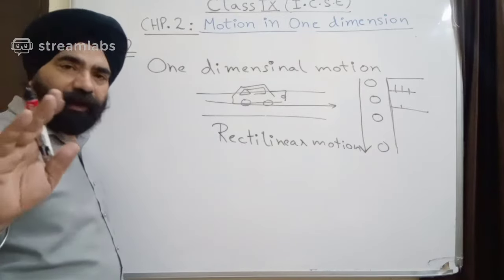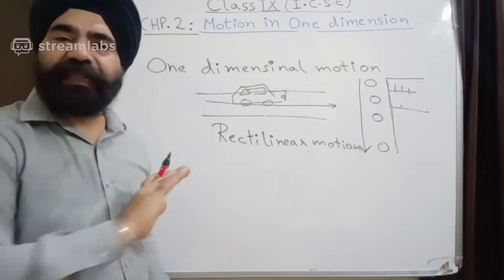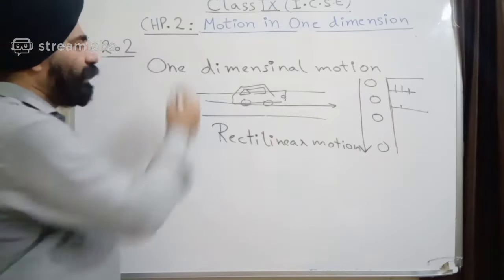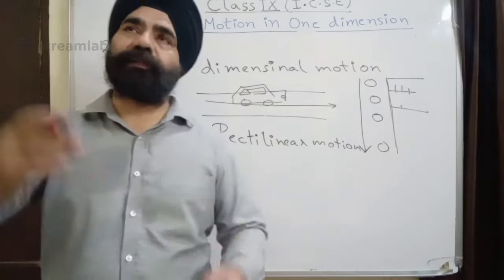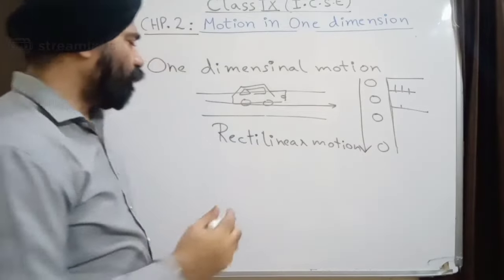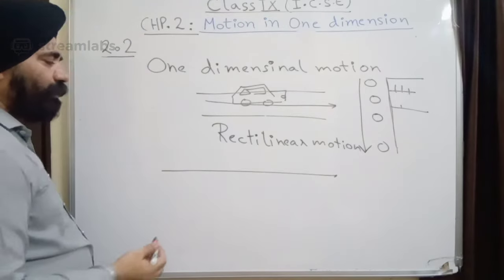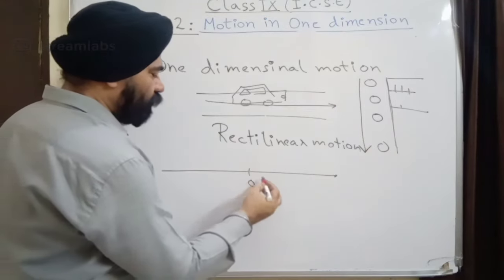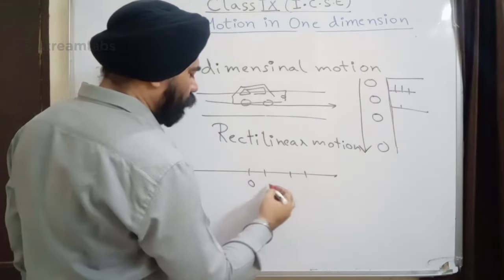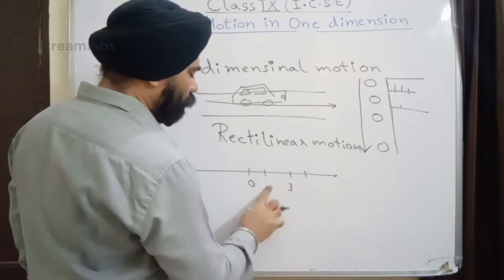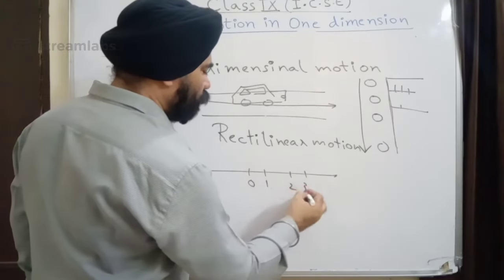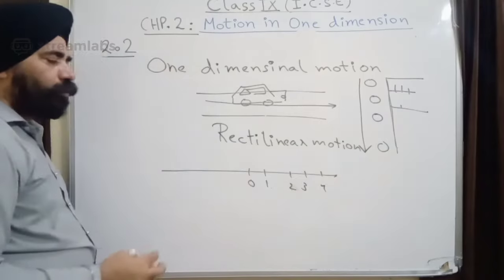How do we represent it? I already told you, I need only the x-axis. Representing it on a vertical axis becomes a bit cumbersome, you keep on going up, so we take a horizontal axis, and the horizontal axis is the x-axis. If this is 0, this is 1, 2, 3, 4.